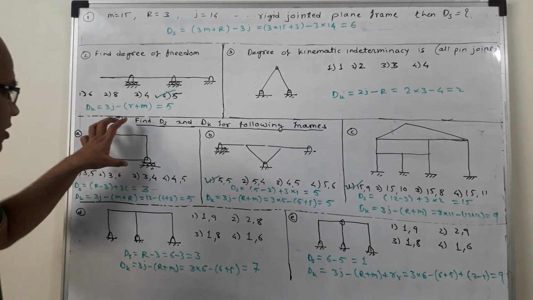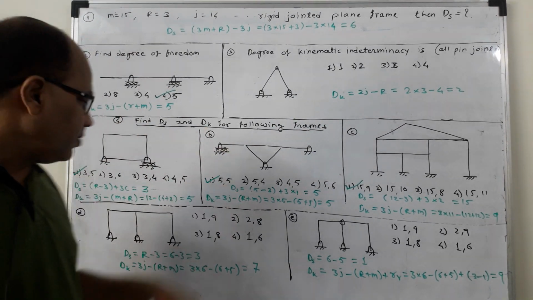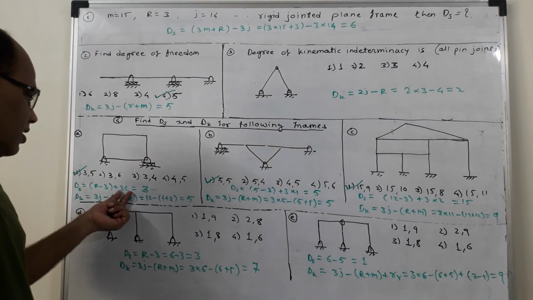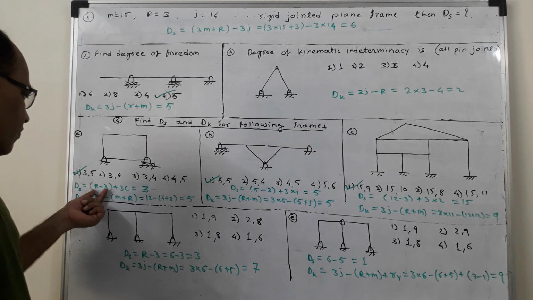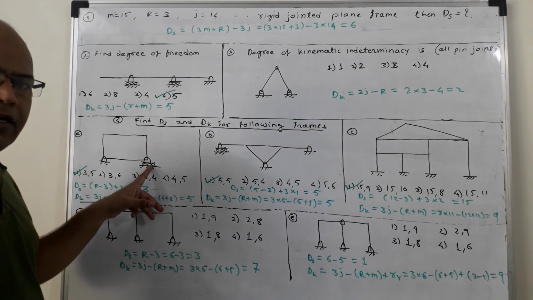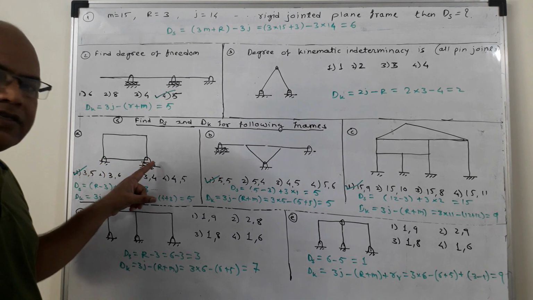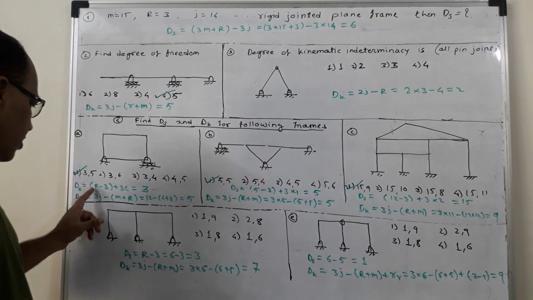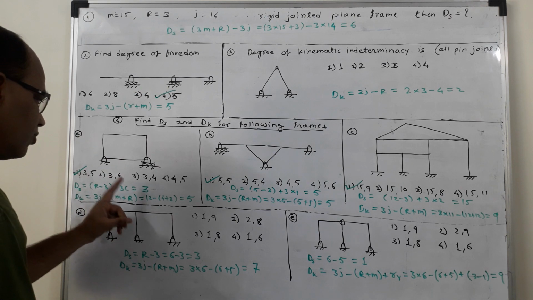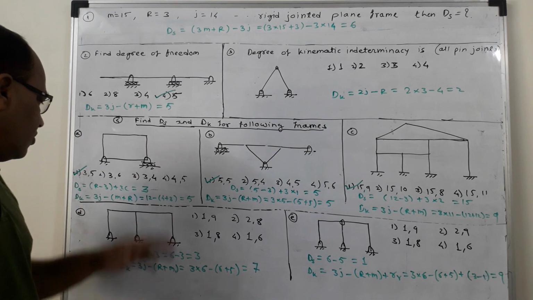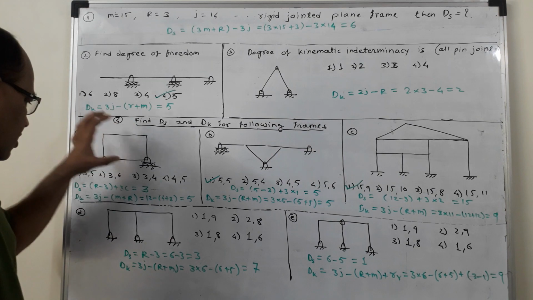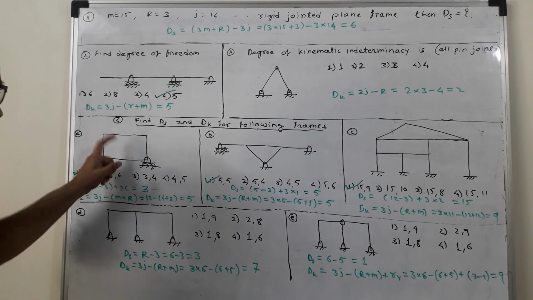So here there is only one loop, so one cut is sufficient. So DSE is 3 times C, 3 times 1, which is 3, and r minus 3, where r is the number of unknown reaction components, which is again 3: 2 reaction components at the hinge support and 1 at the roller support. So 3 minus 3 becomes 0, 3 times 1 is 3, and that is why ds is equal to 3. So the degree of static indeterminacy for this frame is 3.